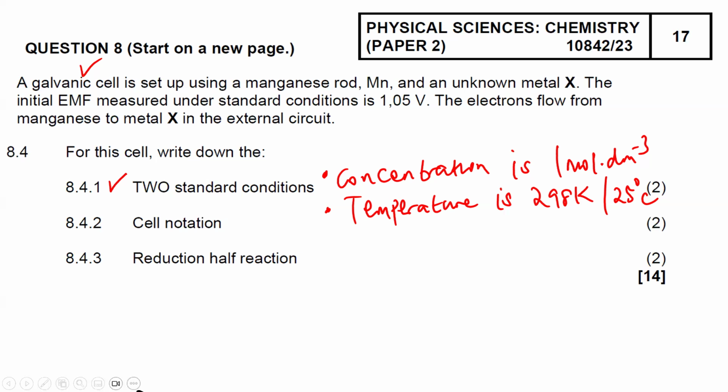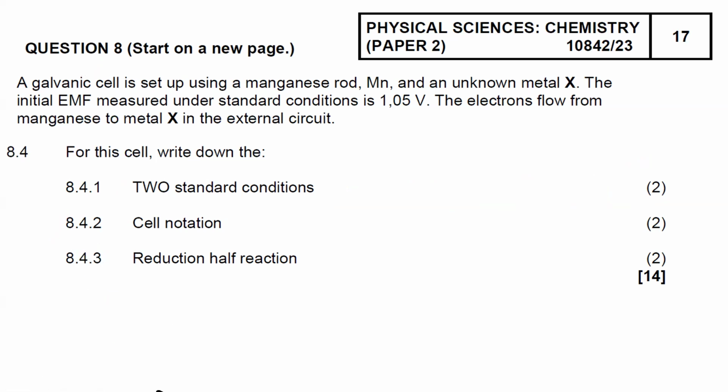Okay. Now, something that is very important is the cell notation that you need to learn. To write the cell notation, we deal with the anode. And then we put the salt bridge like this, and then we put the cathode.